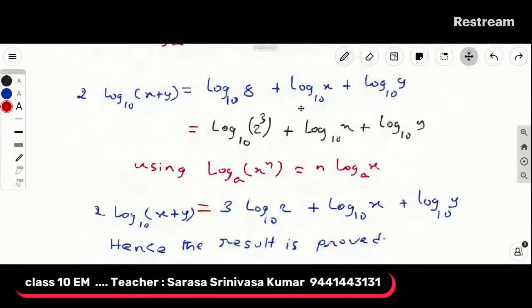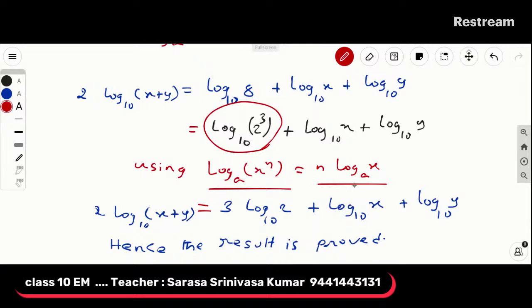Here we have 8 in the logarithm. 8 can be written as 2 cube. So this is of the form log x to the power of n to the base a, which can be written as n log x to the base a. So we have written that term as 3 log 2 base 10. Hence, the result is proved.